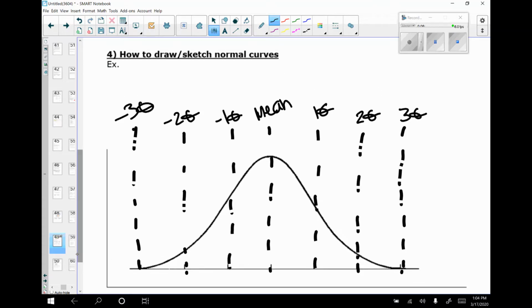Now, you're going to be given some information, okay? To even draw a normal curve, you need a mean. Normally we've been talking about X bar, or something that's called a sample mean. But when we're dealing with normal distributions, we're going to be given something called mu. Mu is our population mean.